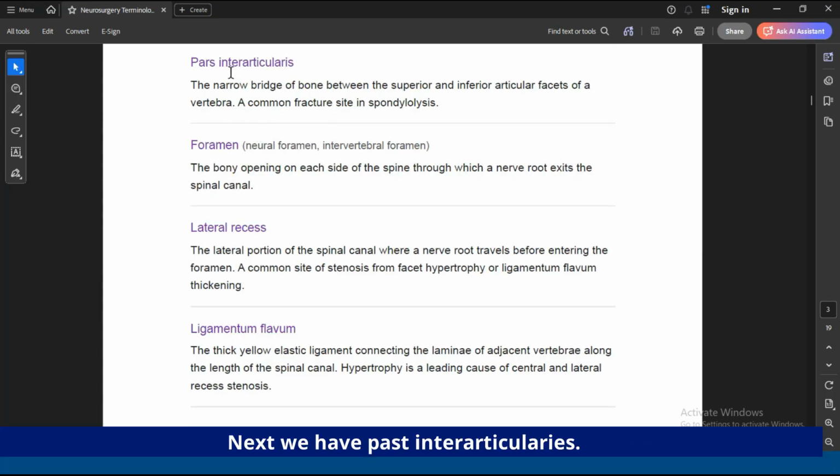Next, we have pars interarticularis. Basically, you will see this word in the operative reports. So what is this pars interarticularis? The narrow bridge of bone between the superior and inferior articular facets of a vertebra. Most common fracture site in spondylolysis. So you will see this fracture, or pars interarticularis fracture, in spondylolysis.